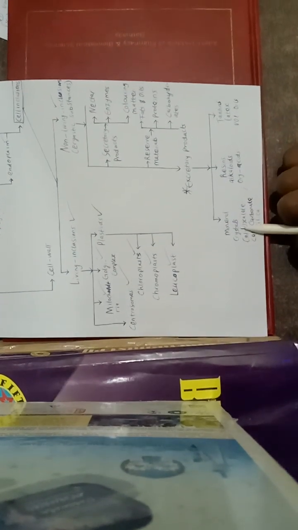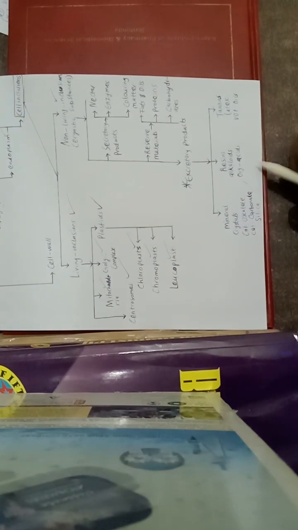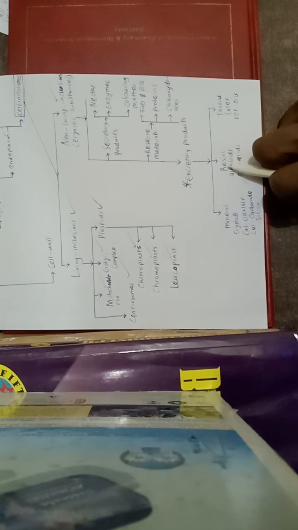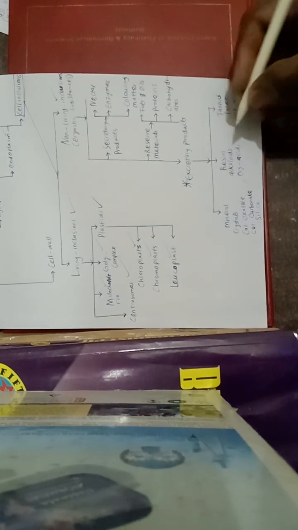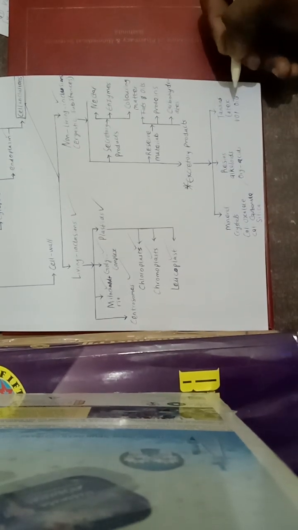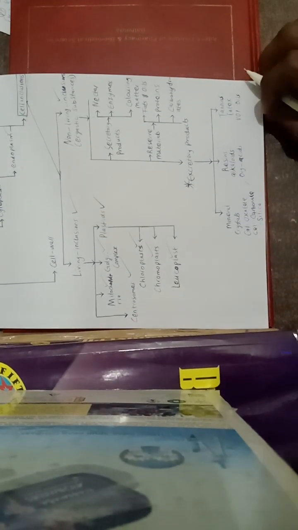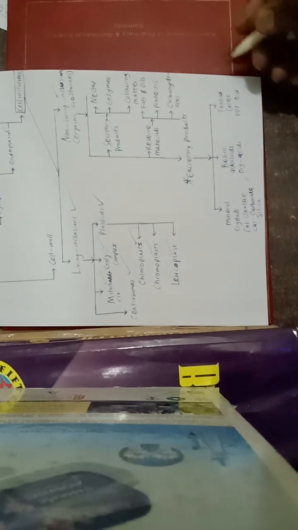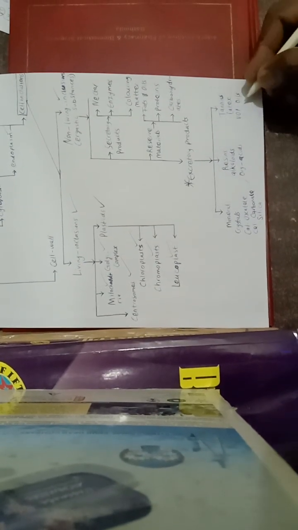Mineral crystals is divided into calcium oxalate, calcium carbonate, and silica. The second one, resin, is divided into resin, alkaloids, and organic acid. The last but not the least is tannins, latex, and volatile oil.